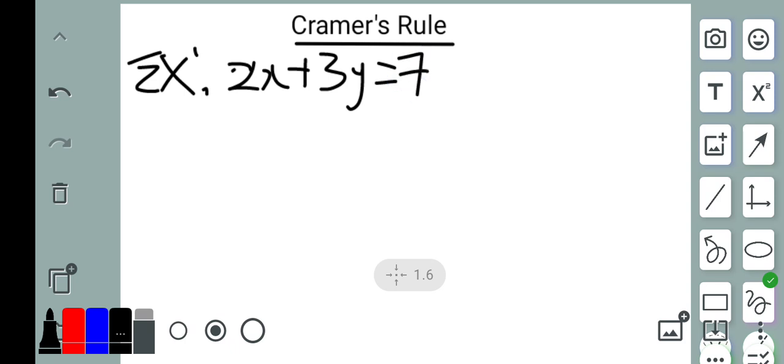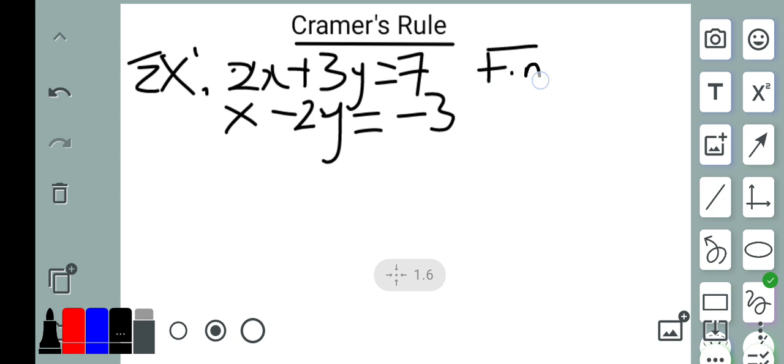We are also given x minus 2y equals minus 3. And then we are asked to find x and y using Cramer's rule.